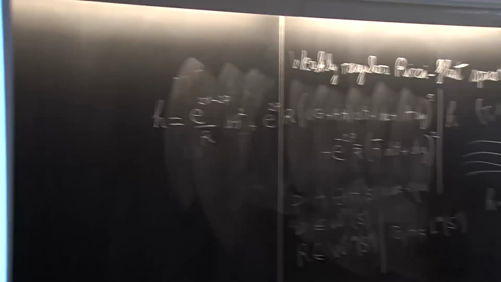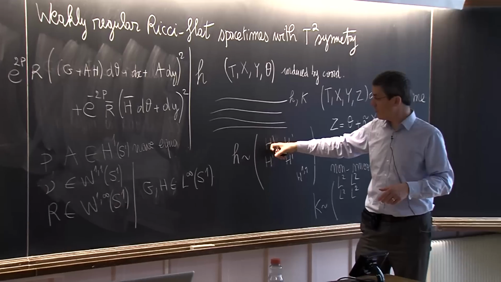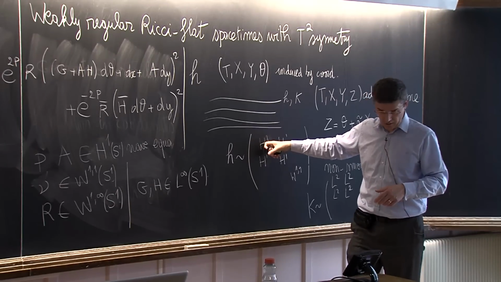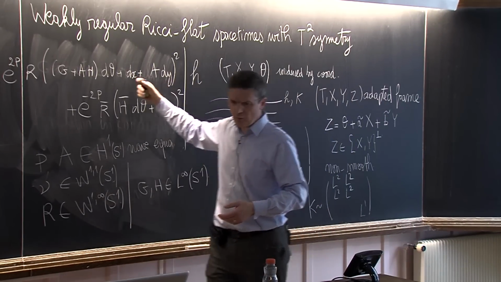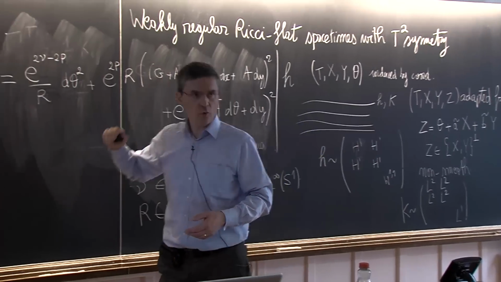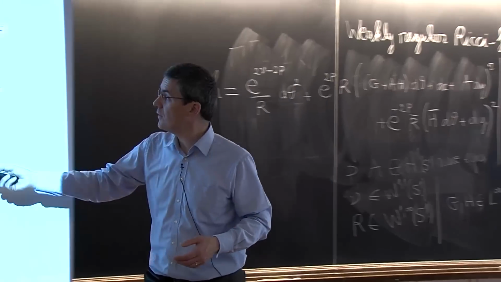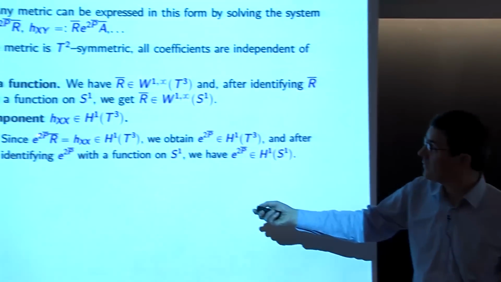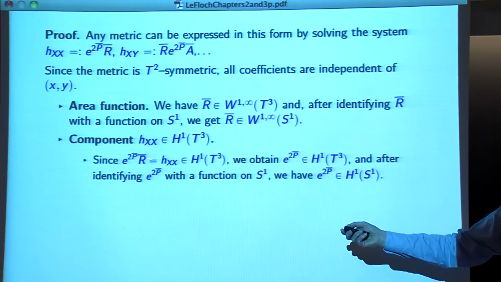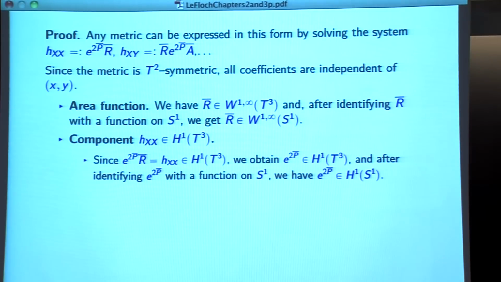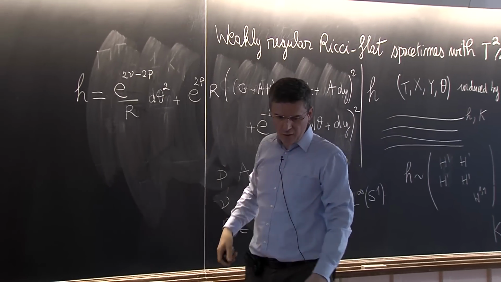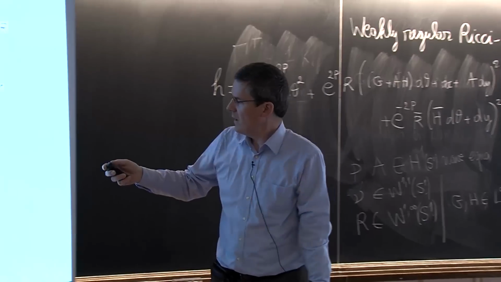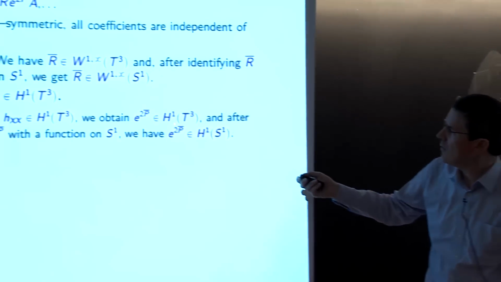That's something that you can read on the blackboard here. Right? This component here belongs to H1. So let's look at the metric, and you compute the expression of HXX. Right? So it's E2P R bar. This is really the coefficient that you find out of here, right? E2P times R dx squared. So this is my coefficient HXX. This is in H1, and therefore, what do I get?